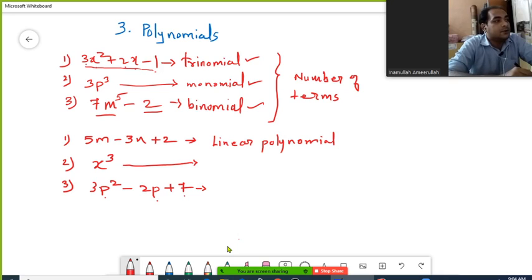This is called cubic polynomial, because this polynomial has highest degree as 3, and this polynomial is called quadratic polynomial.